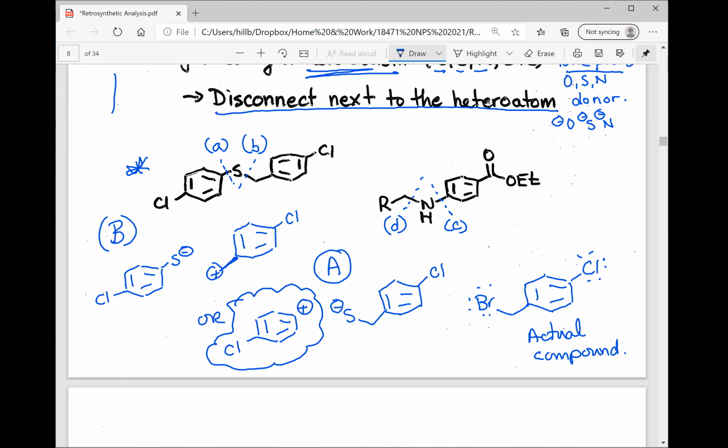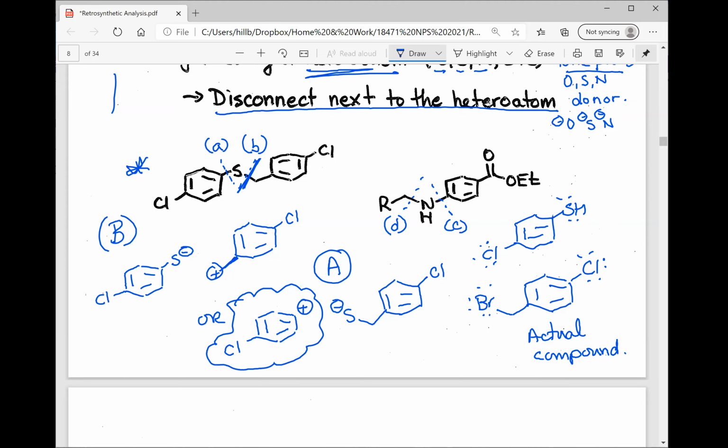And your other component is just the sulfur; if we had the thiol, it's going to be stinky, but we could probably get away with using it. So these two components are a nice choice if we're disconnecting B.